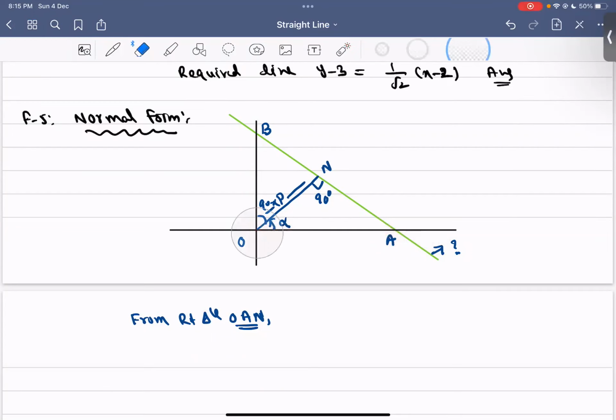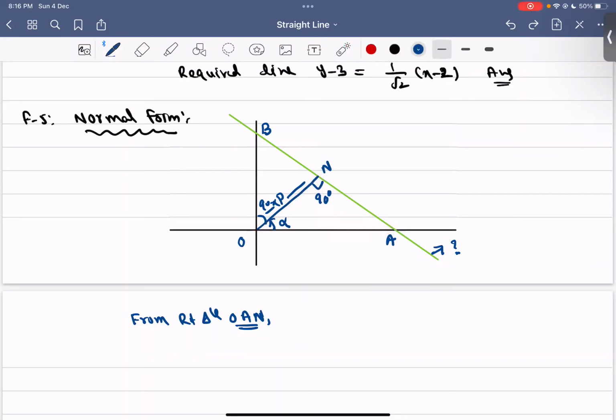To find OA, which trigonometric ratio do we use? We have this distance P. P is adjacent to alpha and OA is the hypotenuse, opposite to 90.